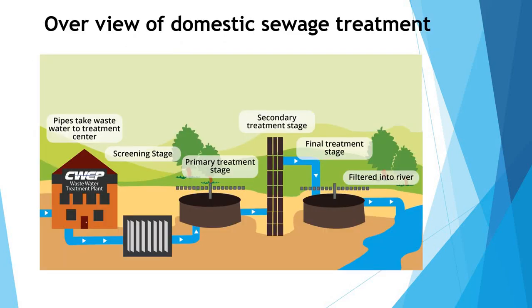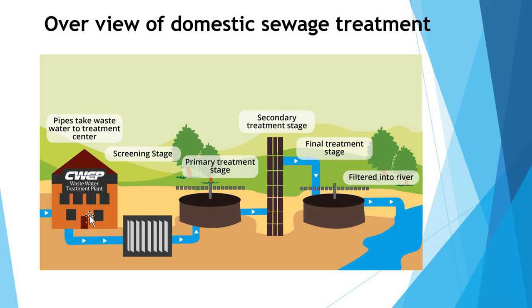So this is the overview of domestic sewage treatment on a high level. We know the sewage from each and every house or from a community is collected through a conveyance system, and this water ends up in the wastewater treatment plant, or simply called STP in the case of domestic sewage treatment.